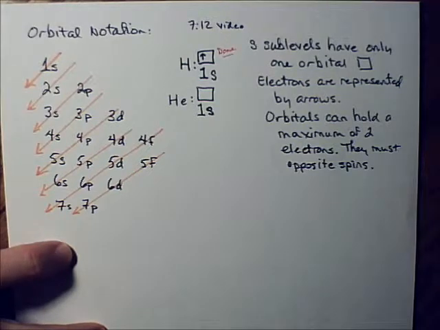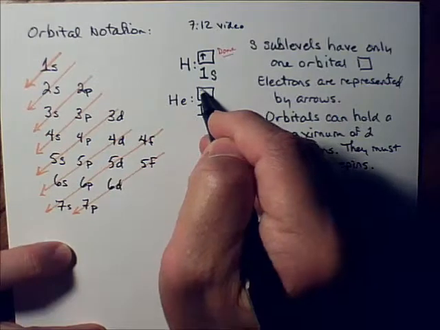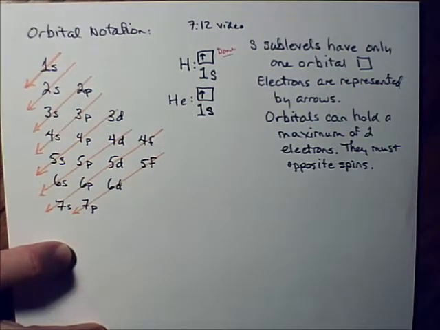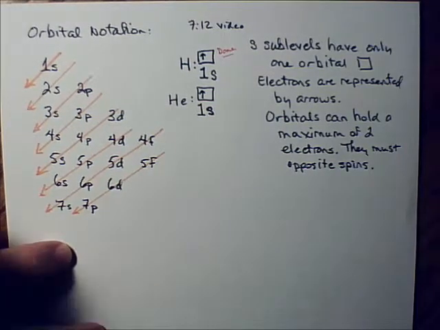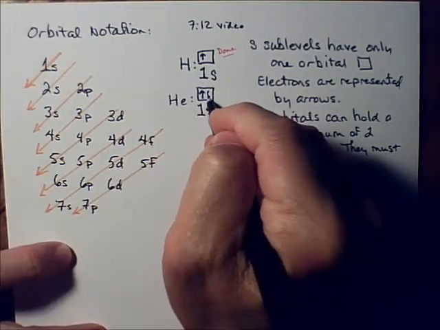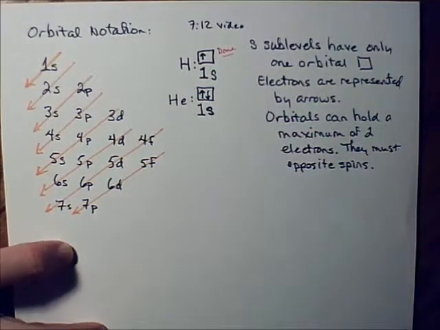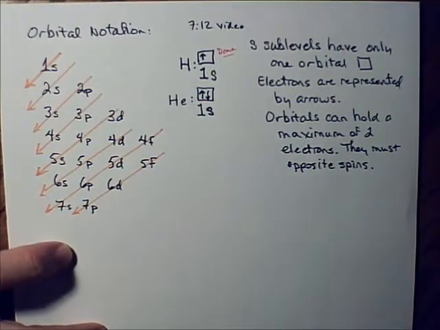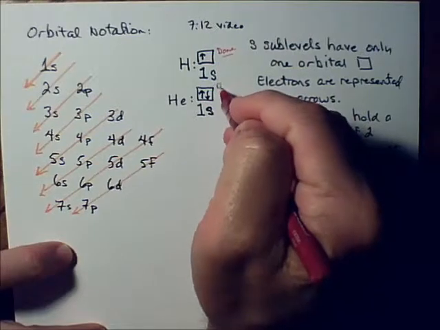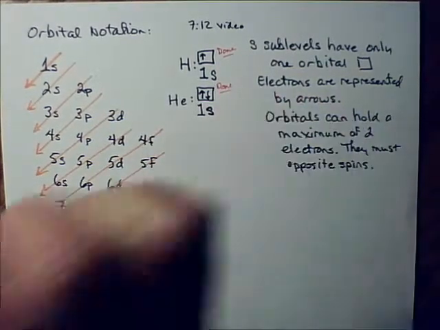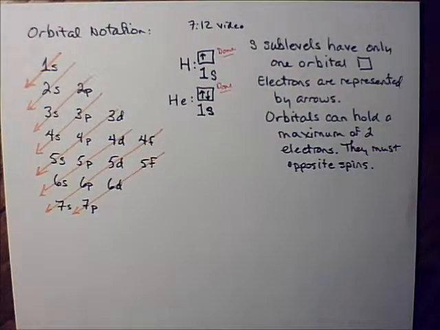The up arrow represents a spin. That's why we use an arrow. So if I'm going to put a second electron in here, how do I represent that opposite spin? A down arrow. And we're done. That's all the electrons in helium. We don't need to do anything else with that.